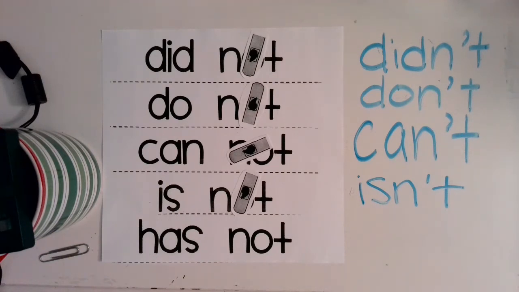All right, there's one more. Do you think we can figure it out? Has not. Has not becomes what new word? Miss Borcherding has not taken the cookie from the cookie jar.